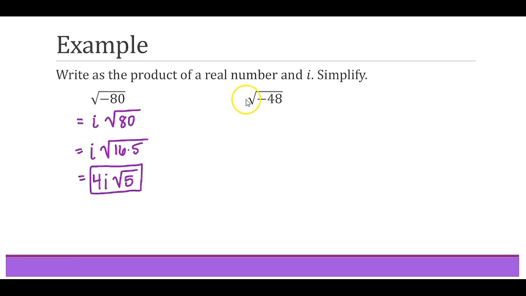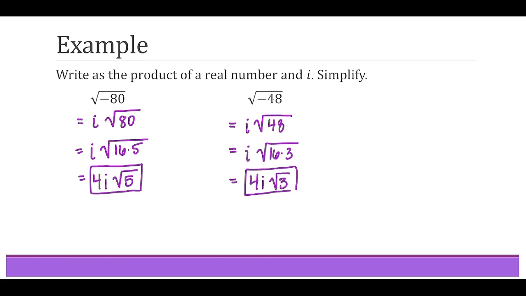So I have a negative underneath the square root, so that's going to come out as the imaginary unit times the square root of 48, and 48 is divisible by 16 as well. It's 16 times 3, and the square root of 16 is 4, so we have 4i times the square root of 3.